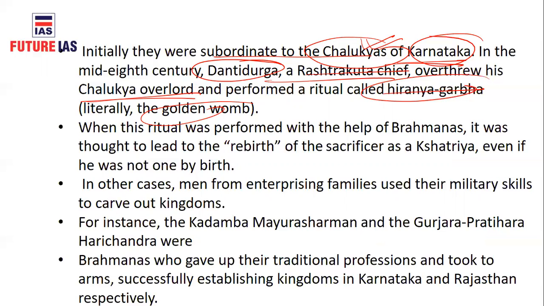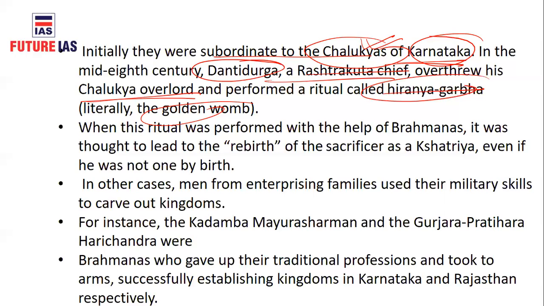One such example was given by the Rashtrakutas. The Rashtrakutas were basically subordinate to the Chalukyas, right? The Rashtrakuta chief, also known as Danti Durga, overthrew his Chalukya overlord and performed the Hiranyagarbha, which led to the establishment of the Rashtrakuta empire, right?